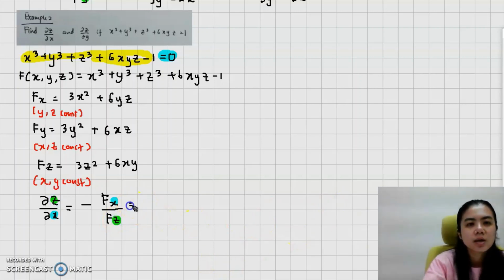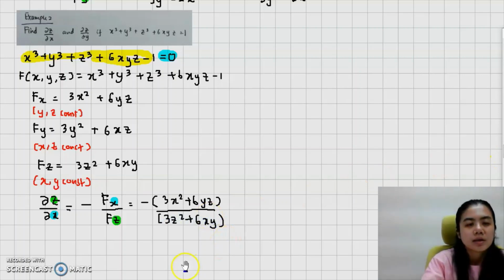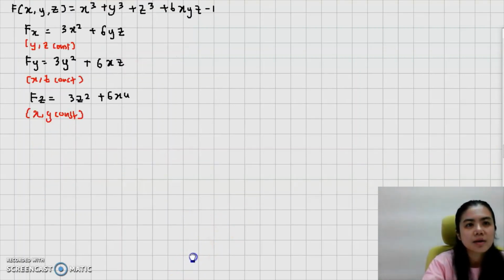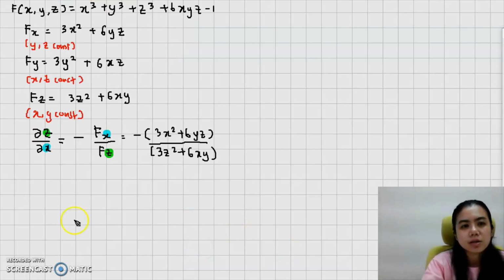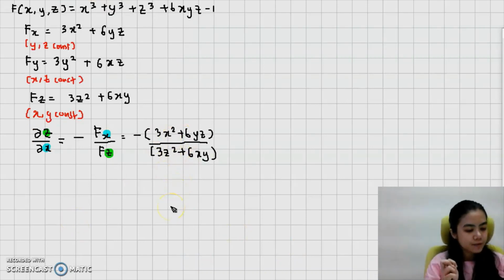To do the substitution, we will have minus and put a bracket. x is this one, so we have 3x squared plus 6yz divided by fz, that is 3z squared plus 6xy. You can see that we can factor out a number from above and from below, and the number that you can factor out is actually 3.